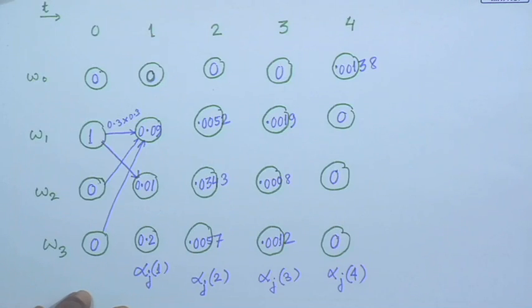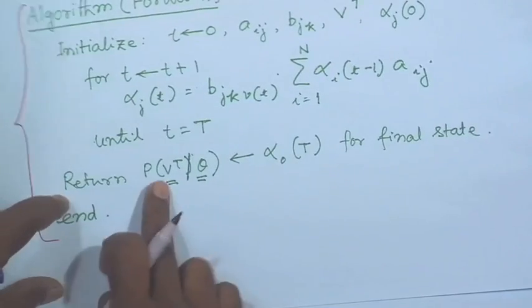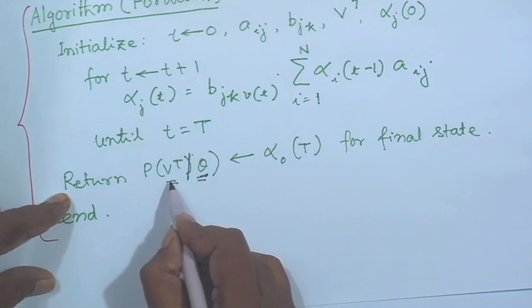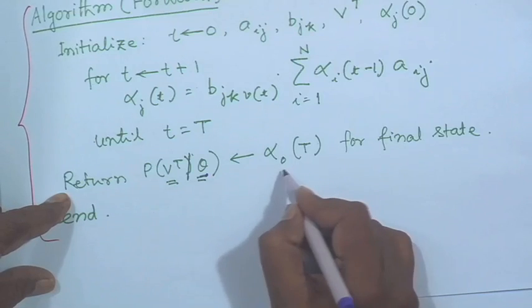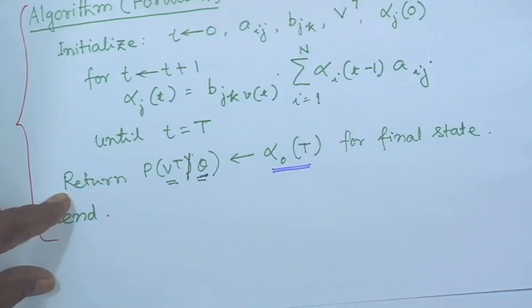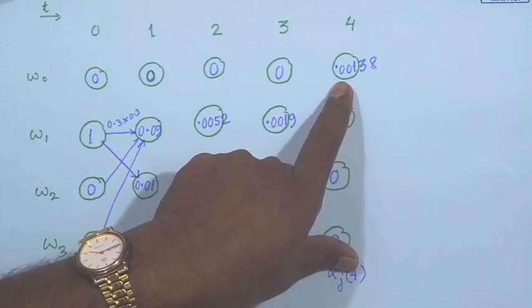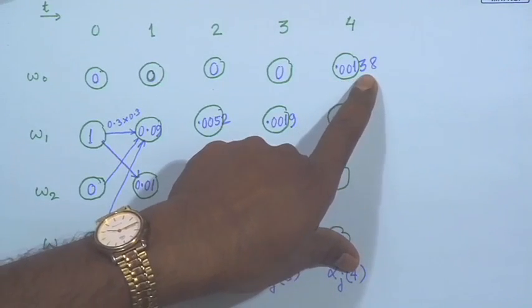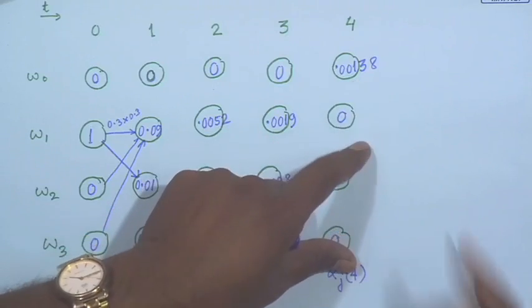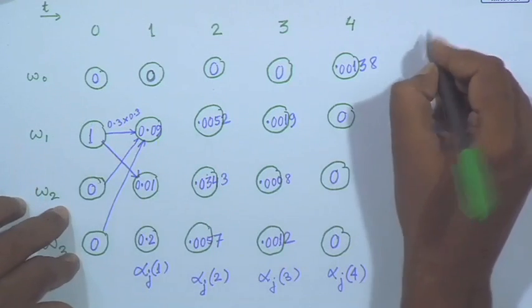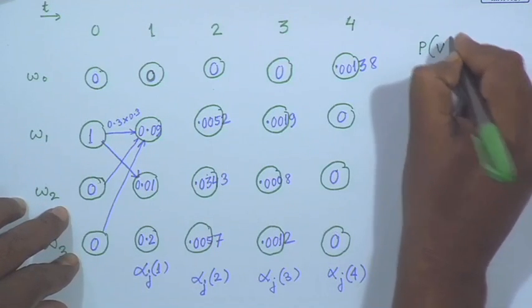And now, if you look at the forward algorithm that we had written, the final probability that the machine theta has generated this sequence V T is given by alpha 0 T. That was my algorithm. And here alpha 0 T is nothing but 0.00138.